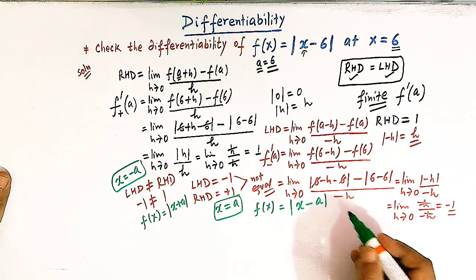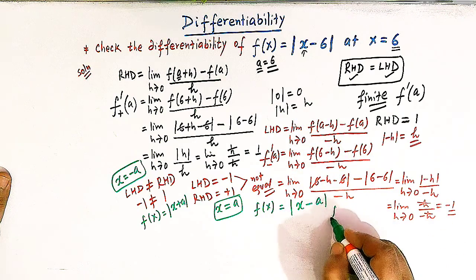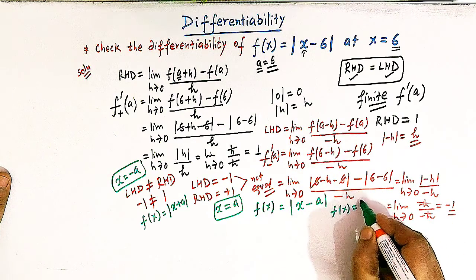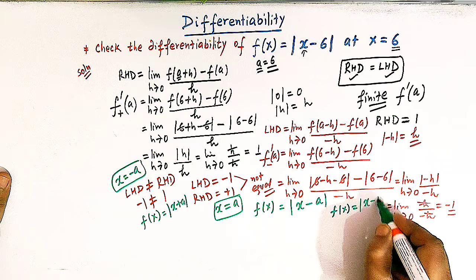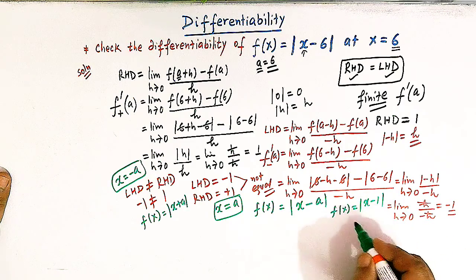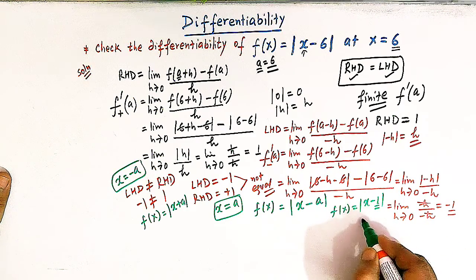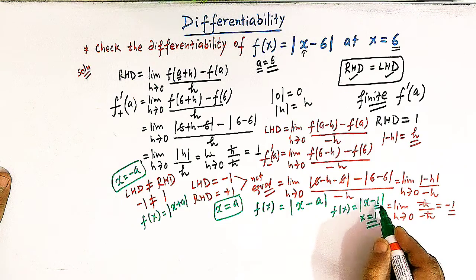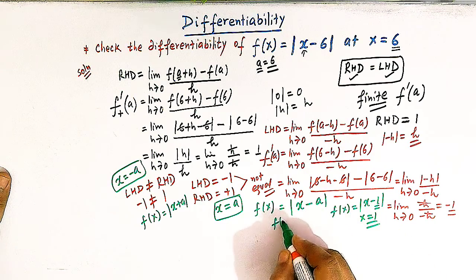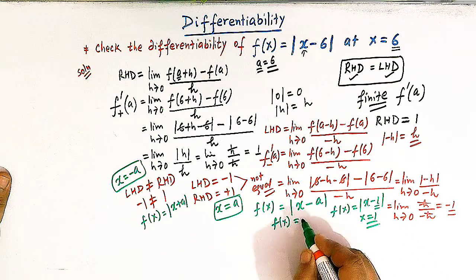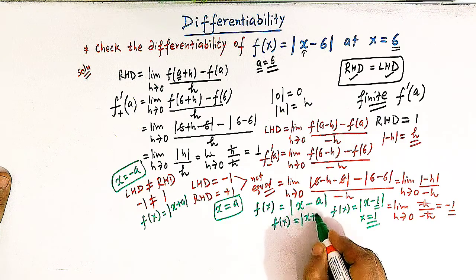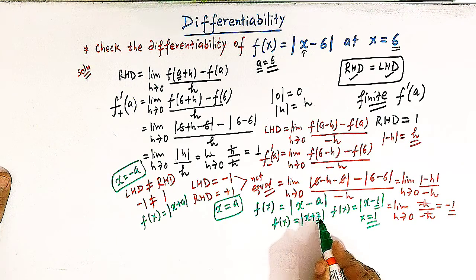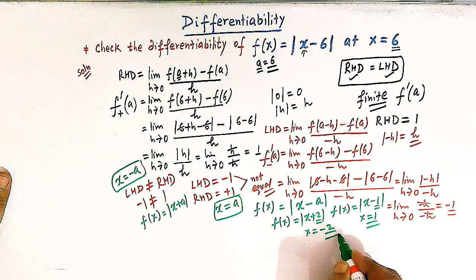So a function f of x given as mod of x minus 1 is not differentiable at x equal to 1. Similarly, if we have f of x that is mod of x plus 2, then this function is not differentiable at x equal to minus 2.